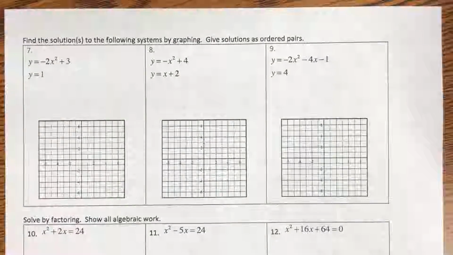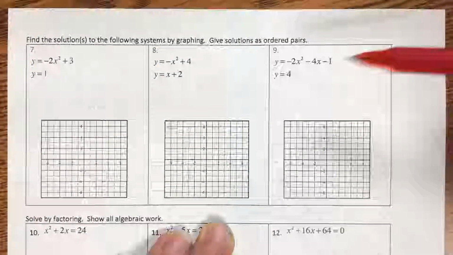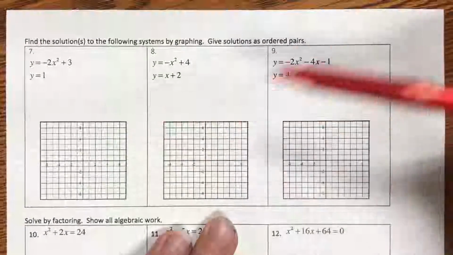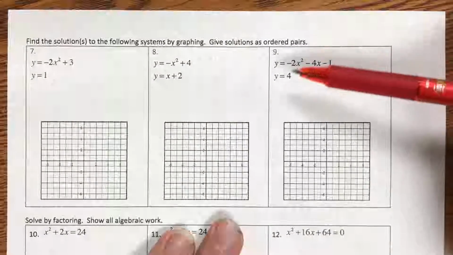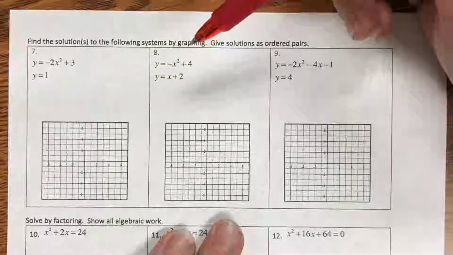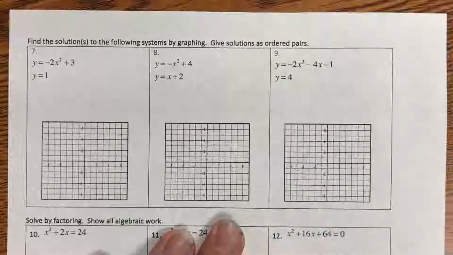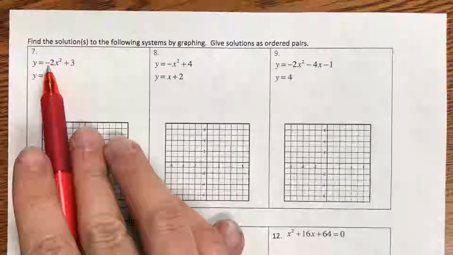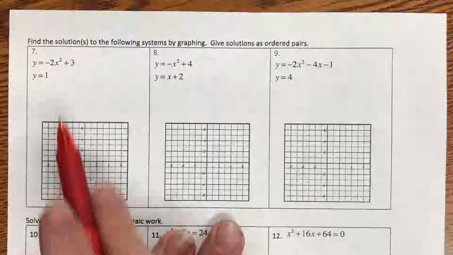Questions 7, 8, and 9 want us to graph the systems and solve the systems. The solutions are going to be where the two lines cross. So looking at 7, I have negative 2x squared plus 3.